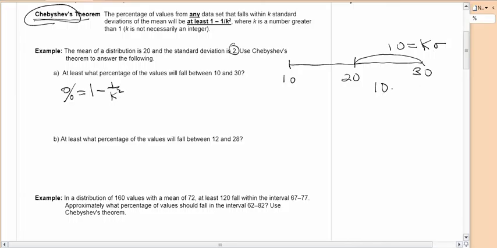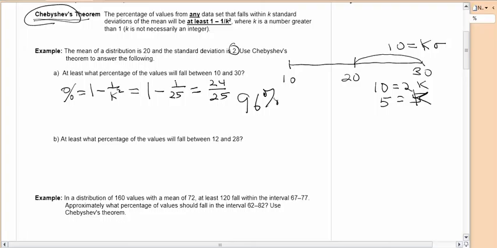So we have this relationship, 10 is equal to 2 times k. Solving for k, k is equal to 5. So therefore, we can plug in 5 for k. 1 minus 1 over 5 squared, which is 25. So if you do your fraction math, this is 24 over 25. And as a percentage, 24 divided by 25 is 96%. So the answer to this problem is 96%.